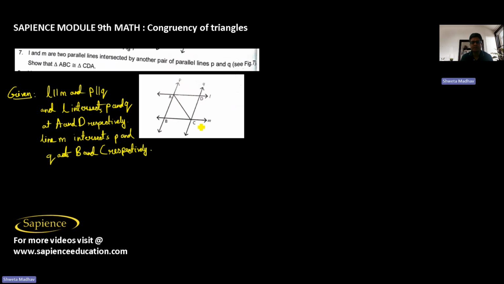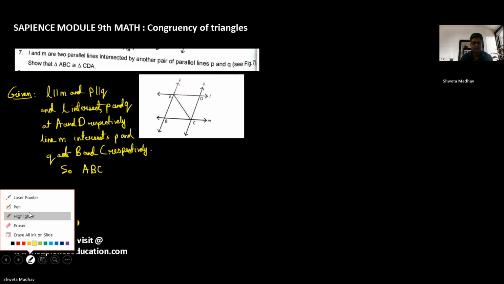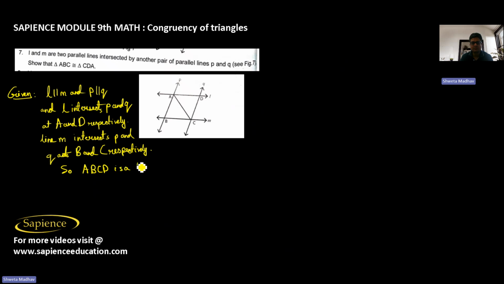So hence we can see that quadrilateral ABCD is obviously a parallelogram, since AD is parallel to BC and AB is parallel to DC. Since it is already told that P is parallel to Q and L is parallel to M.